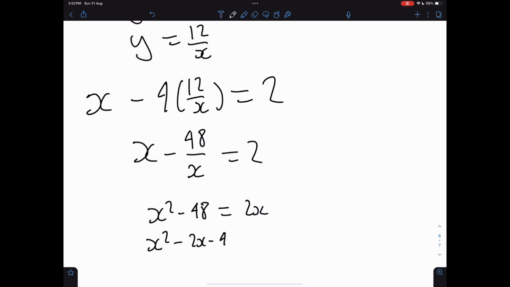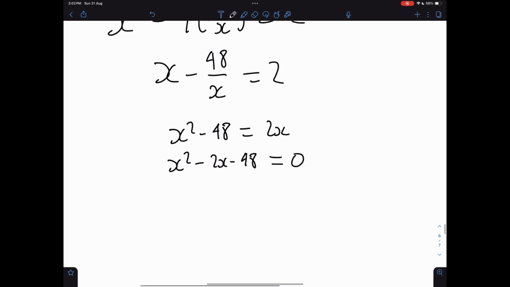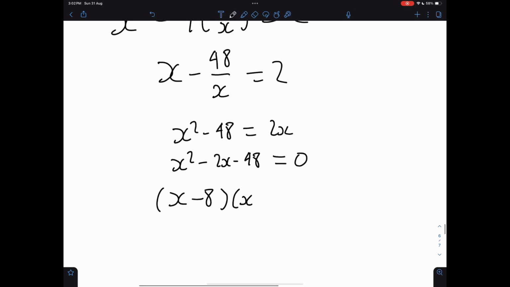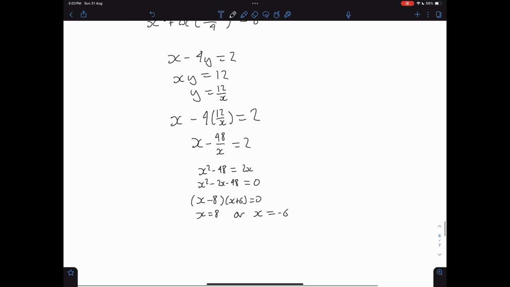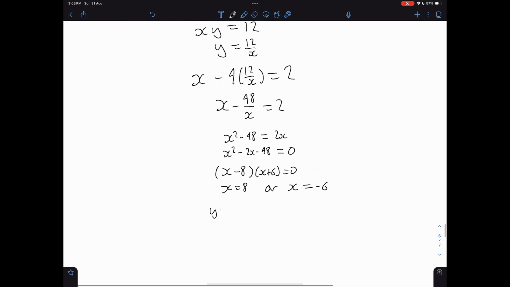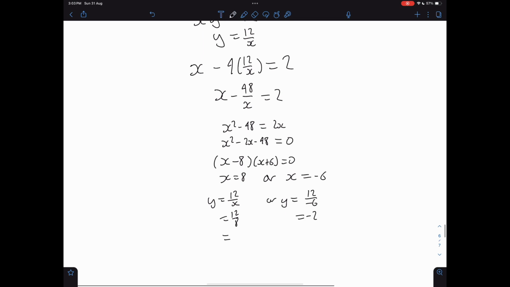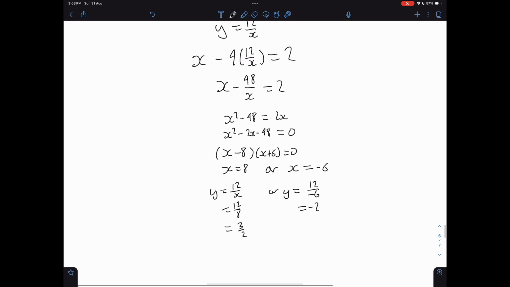Rearrange. And then factorize. And you may get more than one solution for x, so you need to evaluate the y separately. So y equals 12 over x equals 12 over 8, or y equals 12 over minus 6, which is minus 2, or that would be 3 over 2.